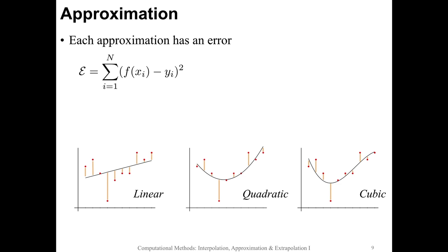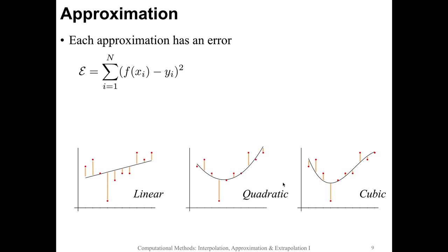So looking back at the data that we saw in the previous slides, we can illustrate the error. The red points are still our data points, the same data points in each of these diagrams. This is the linear model fit, this is the quadratic polynomial fit, and this is the cubic polynomial fit.